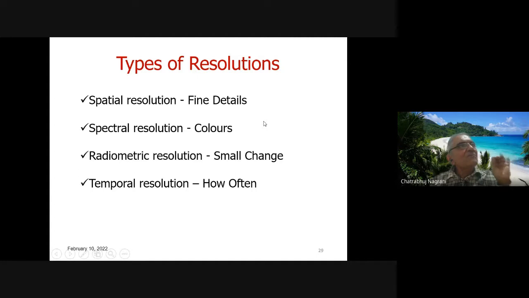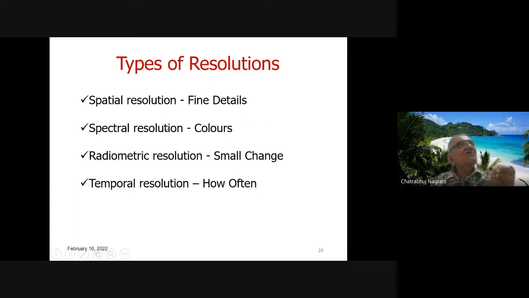If I look at finer detail, the microradian also has to be smaller, and the ground resolution is nothing but microradian multiplied by the arm length, that is the range, from the satellite height to the surface of the earth where it is looking. So range multiplied by your angular resolution will give you ground resolution. That is called spatial resolution.